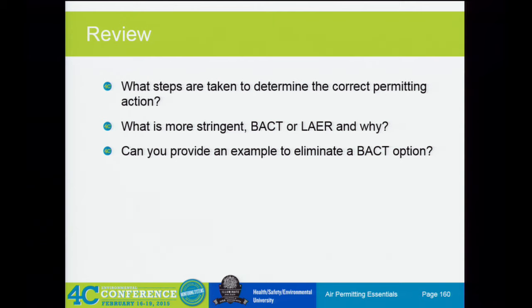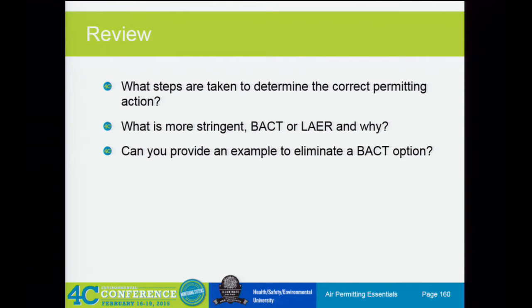To review everything that we just talked about, what steps are taken to determine the correct permitting action? What was the first step that we talked about? Right, are you a major source? What was the next step? Major modification. Yes, you're looking at your project itself, and is it a major modification? And then the third step? Netting, right, very good.